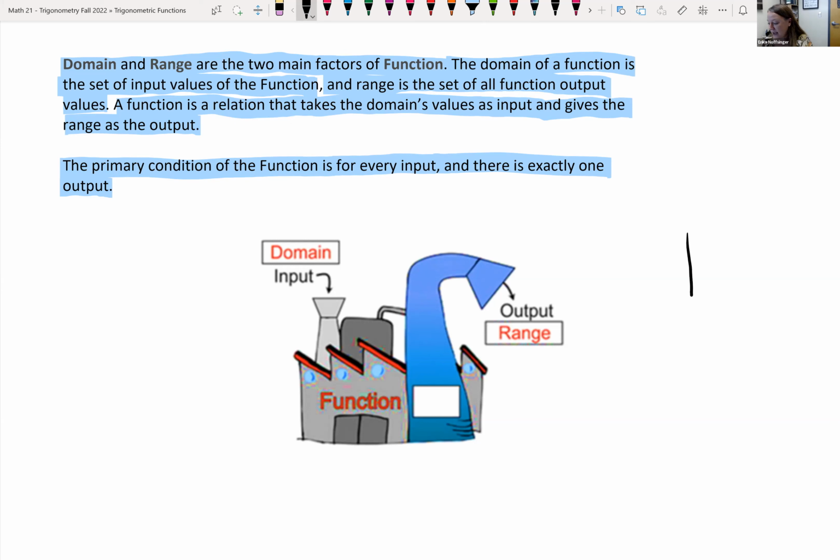If we look at a parabola, for instance, this is a function because every x value just gives us back one y value. If we looked at a circle, that would not be a function. Here, one of our inputs, which is defined for this circle, gives us back two separate y values. And so that is considered not a function.